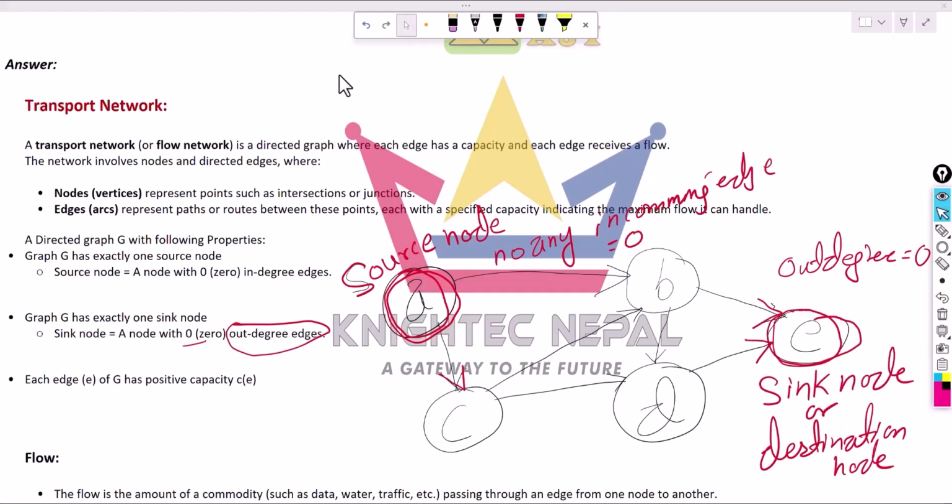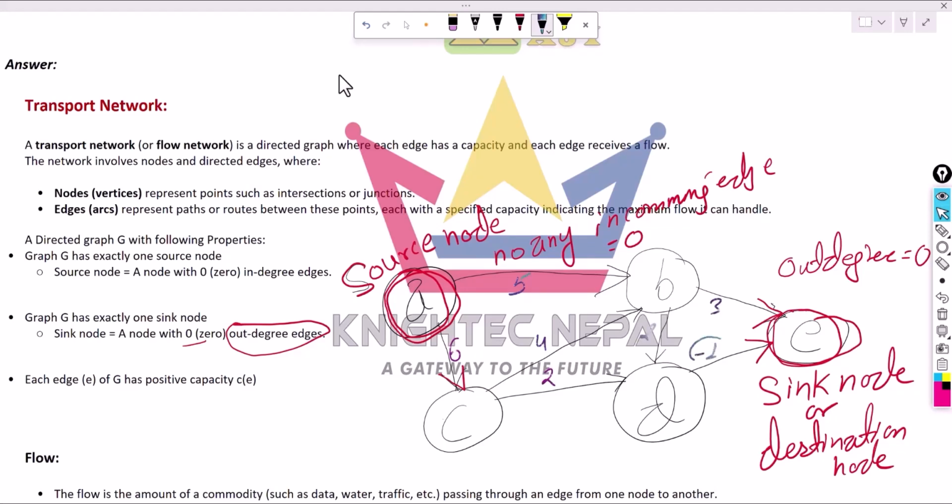Now let us discuss the third property of the directed graph, that each edge E of G has positive capacity. So we have the capacity and flow of this edge from A to C. You must have positive capacity, meaning you can have 6, 5, 4, 2, 3, 2, but not -1.